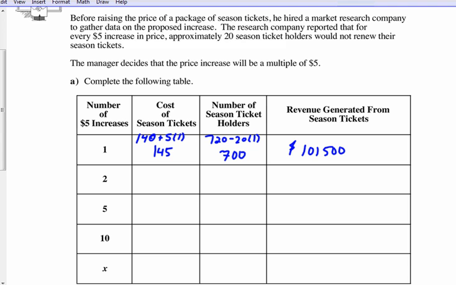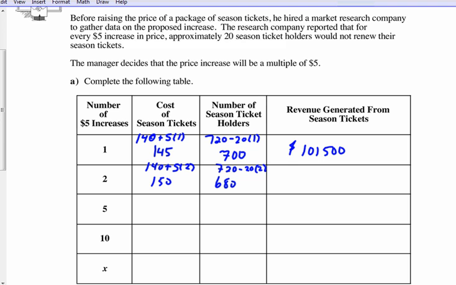Okay, so now we have 2 increments. What would be the new price? 150. So 140 plus 5 times 2. And how many people would we now have? 680, which would be 720 minus 20 times 2, so minus 40.